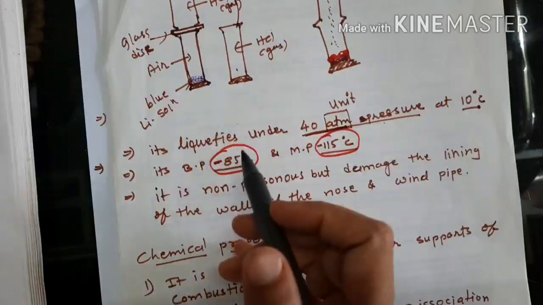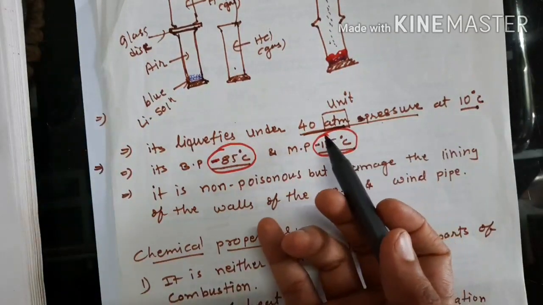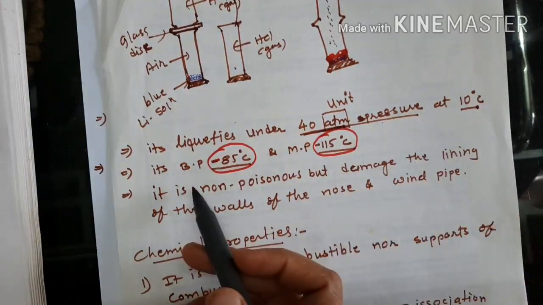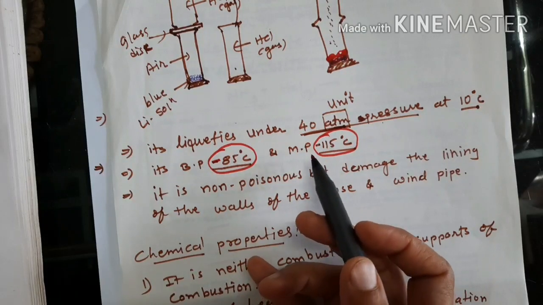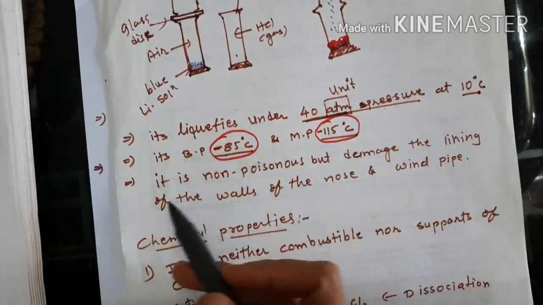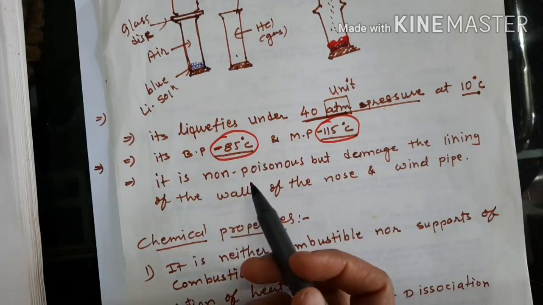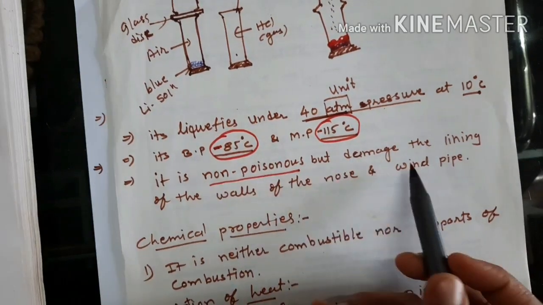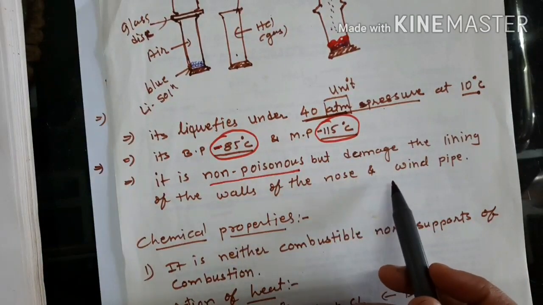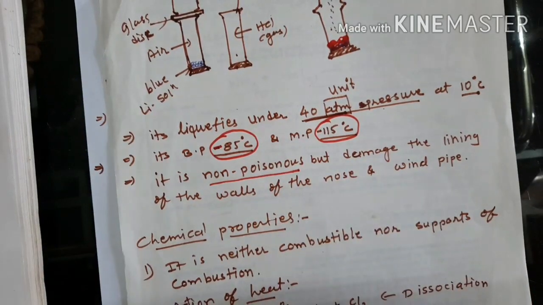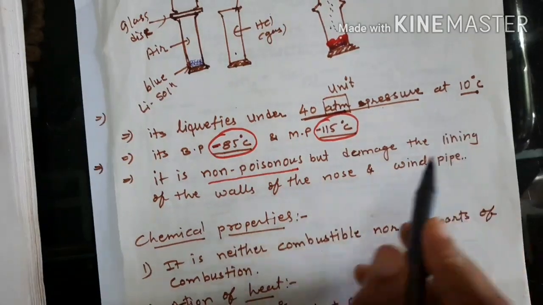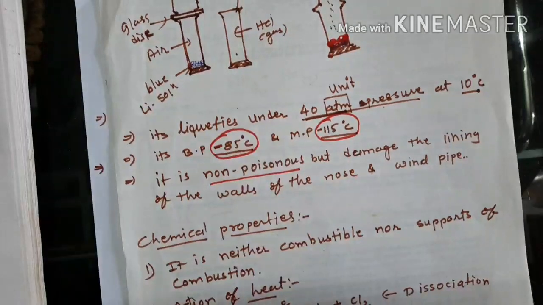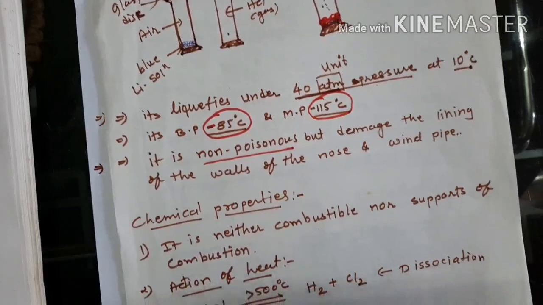Then liquefaction, it can liquefy at this pressure and temperature. Then the boiling point and melting point, which we have also done. Then the physical nature: HCl is non-poisonous, but it damages the lining of the wall of the nose and the windpipe. So those are the physical properties of HCl gas. I hope you understand till here.